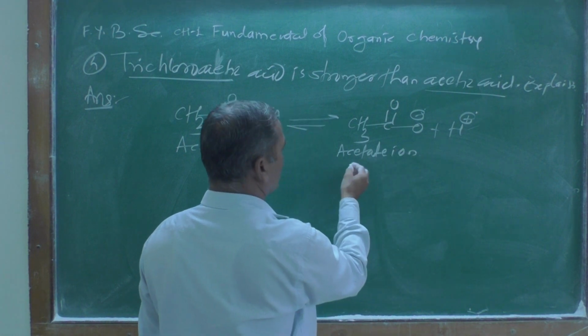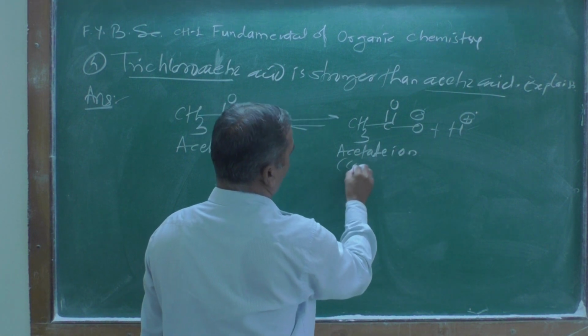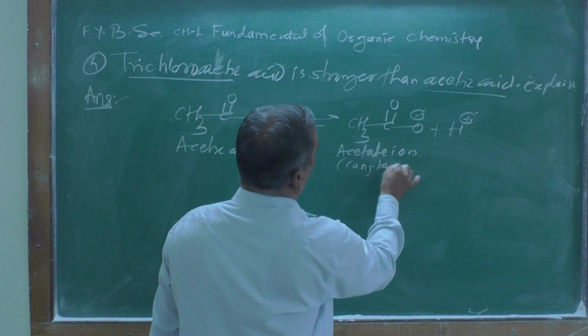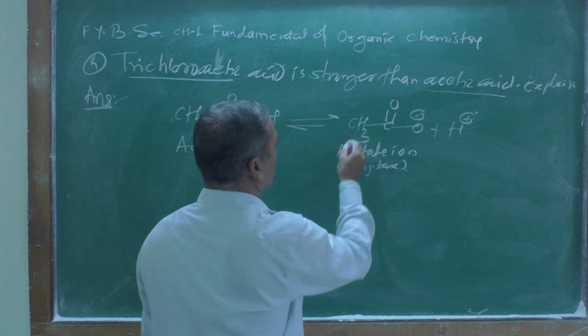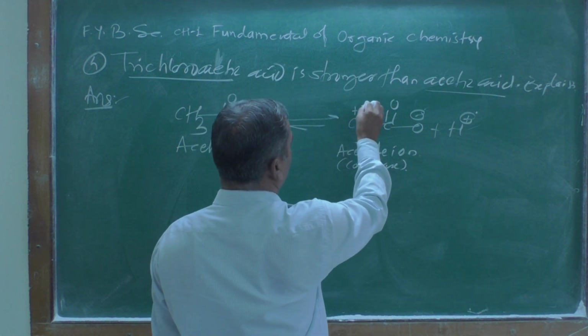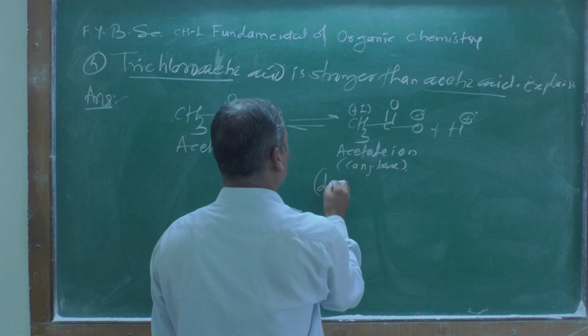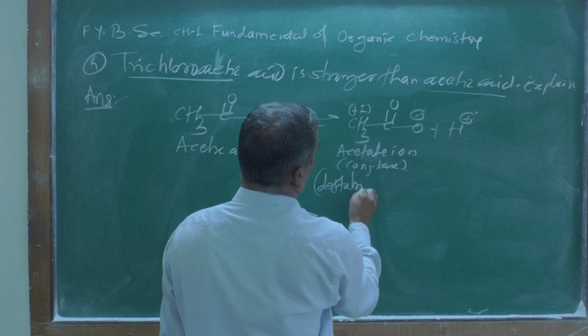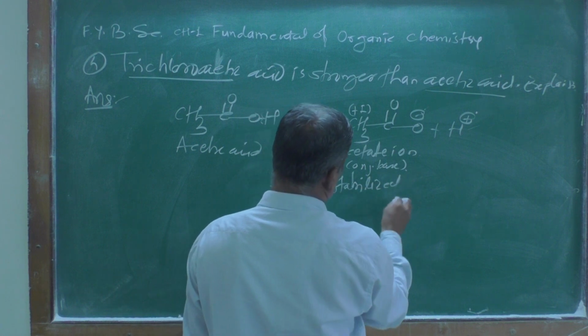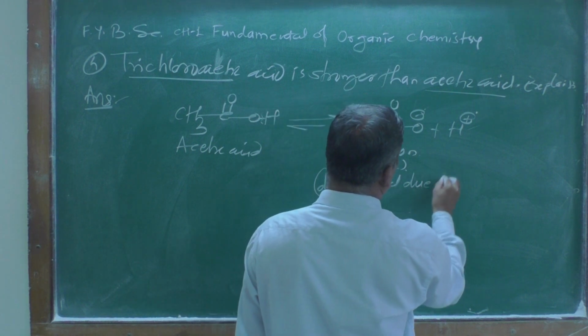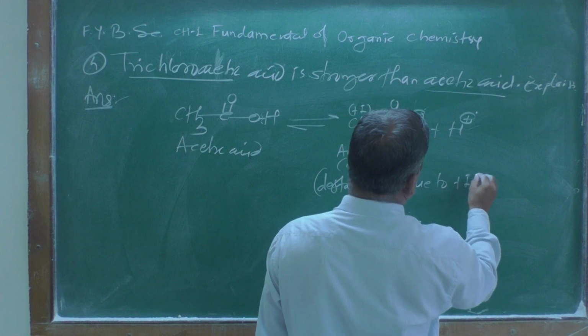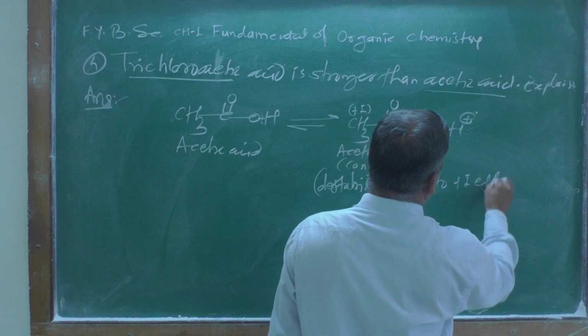acetate ion, which is a conjugate base ion, and this conjugate base is destabilized due to the plus I inductive effect. Here you can write destabilized due to plus I effect, right?